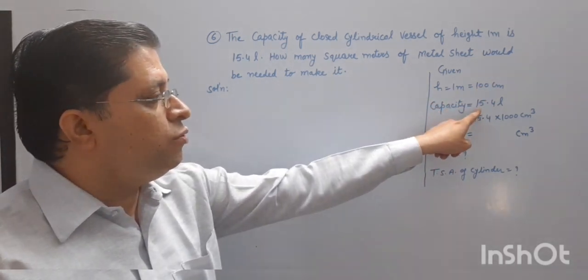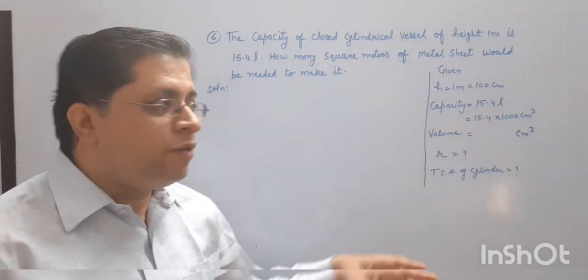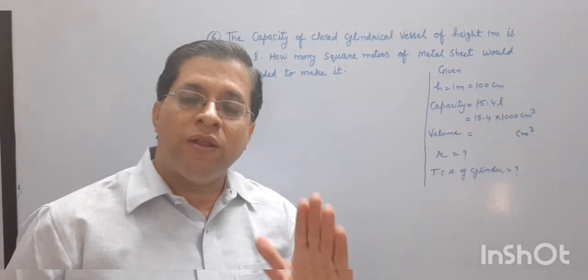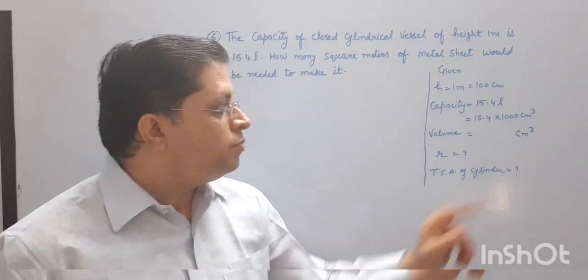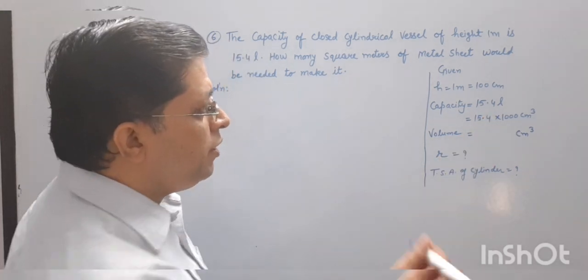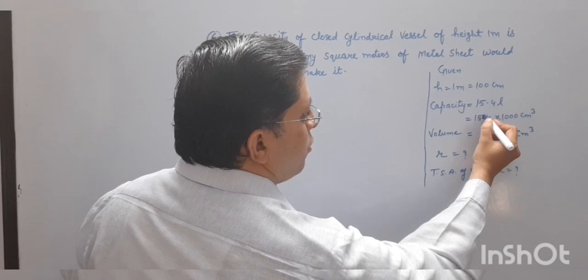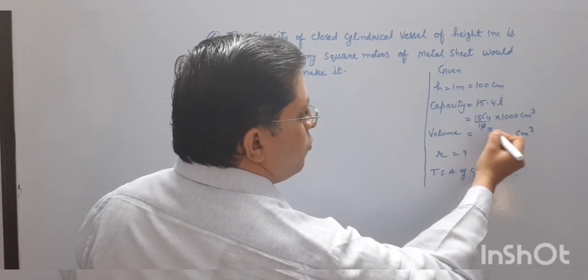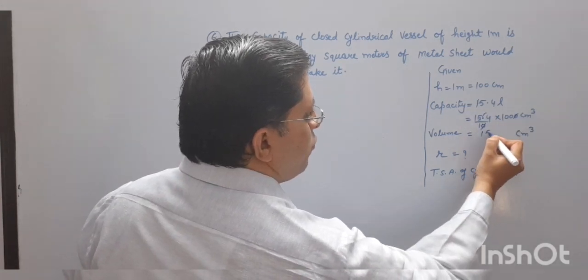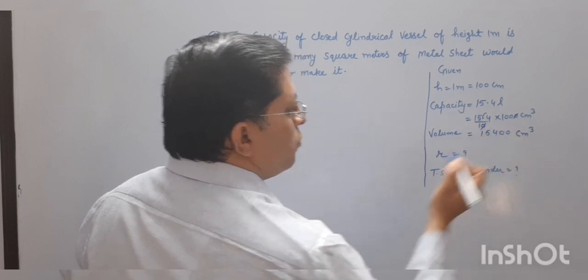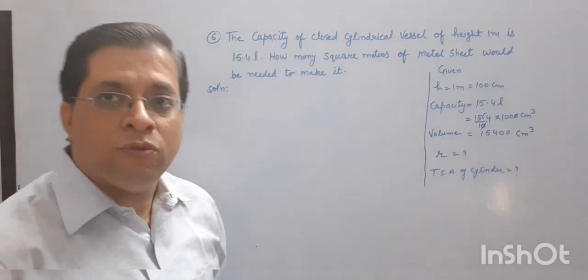Capacity is also given to you as 15.4 liters. I am converting because 1 liter equals 1000 centimeter cube. If I multiply 15.4 into 1000, the zeros cancel, and we get 15,400 centimeter cube as the volume.